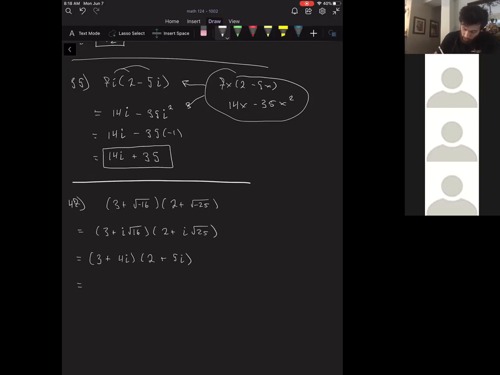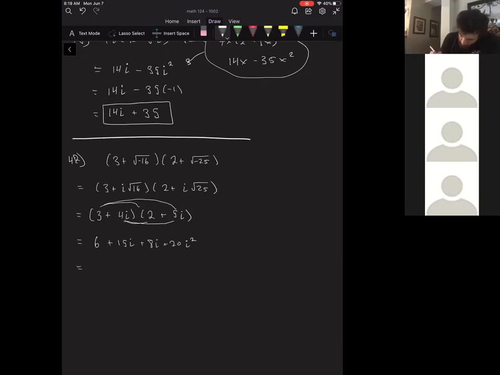So we have 3 times 2 is 6. 3 times 5i is 15i. So just going this to here, that to here, this to here, and then that to here. So the 3 times the 5i is 15i. Then 4i times 2 is 8i. And then 4i times 5i is 20i squared.